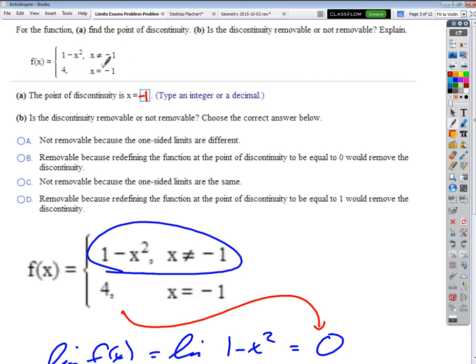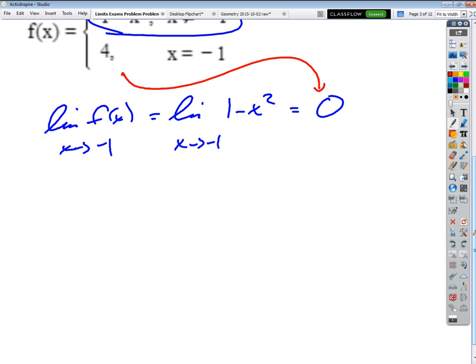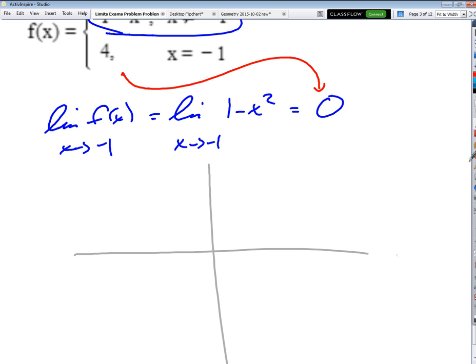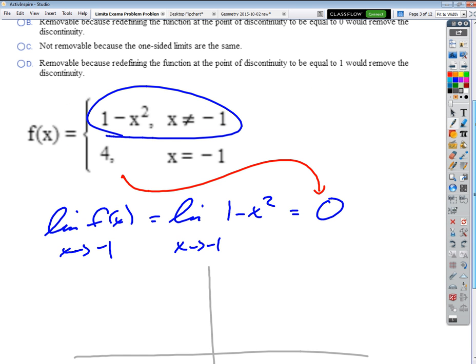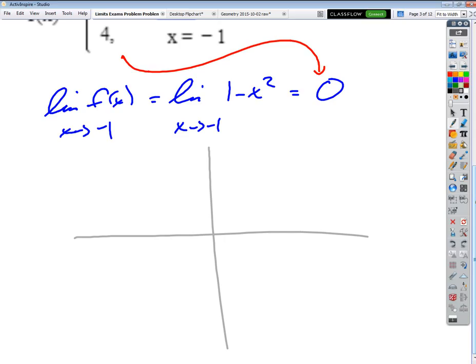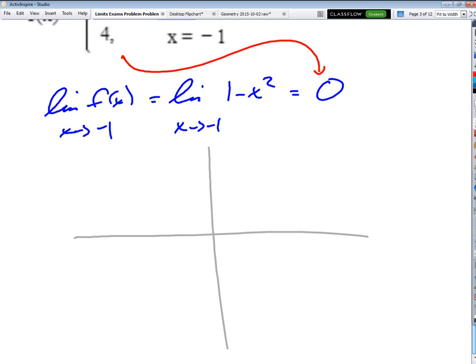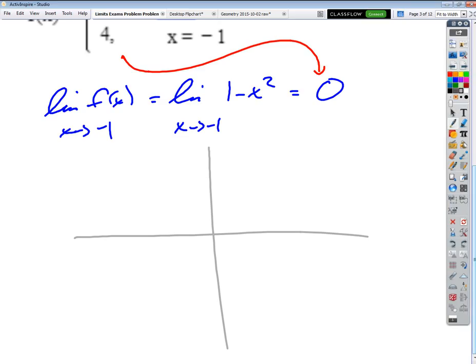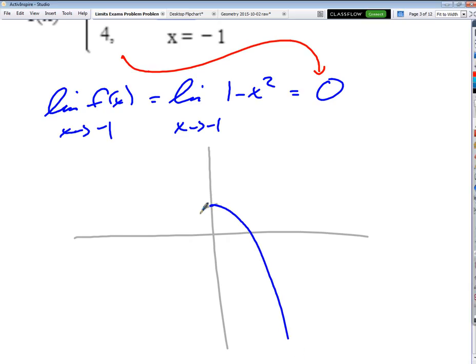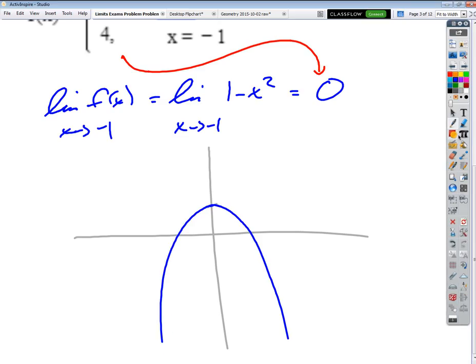So if I were to graph this, we can see what the graph would look like. 1 minus x squared is just going to look like this. We're at -1, only our function is not defined right there.